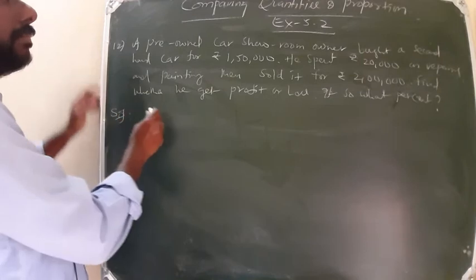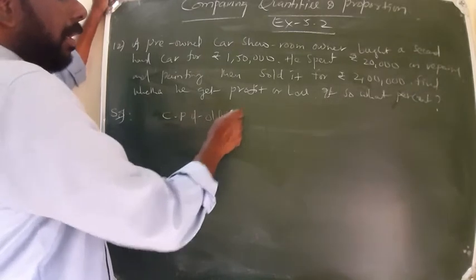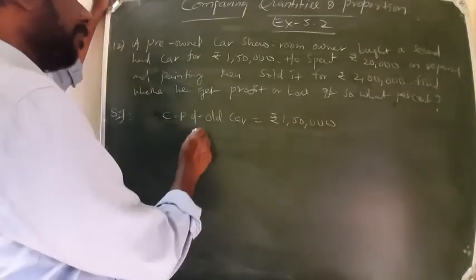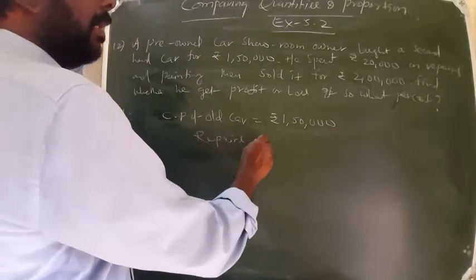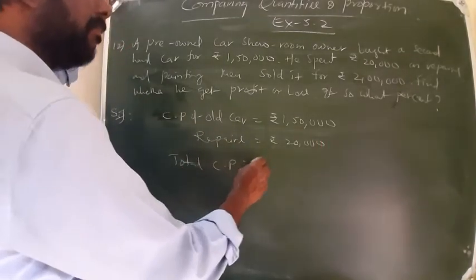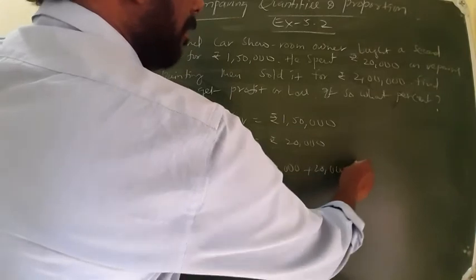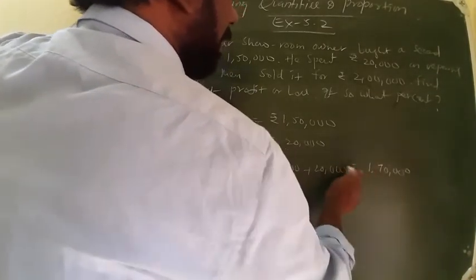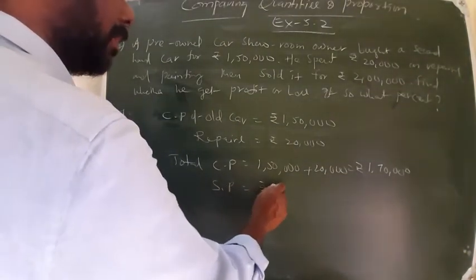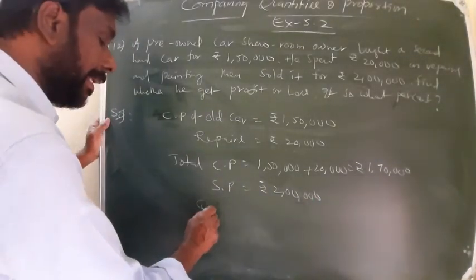So solution: CP of the old car rupees 1,50,000, repairs rupees 20,000, total CP 1,50,000 plus 20,000, 1,70,000. Okay. SP is rupees 2 lakhs. Here SP is more than CP, so you get gain.